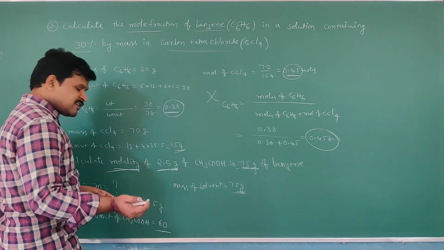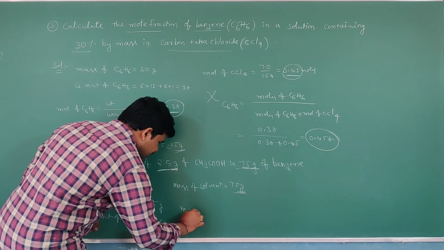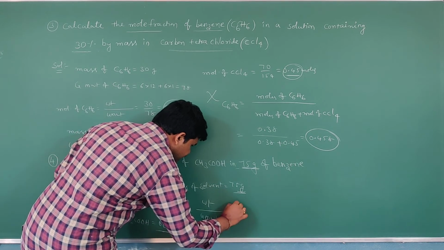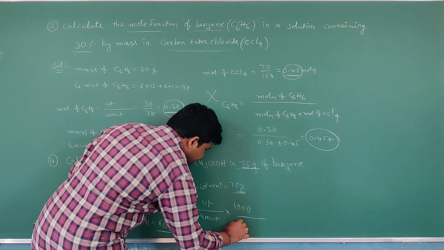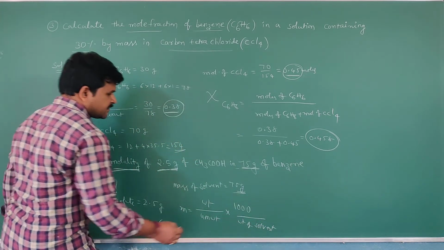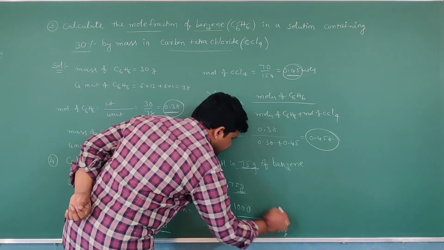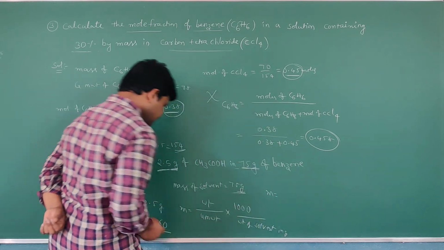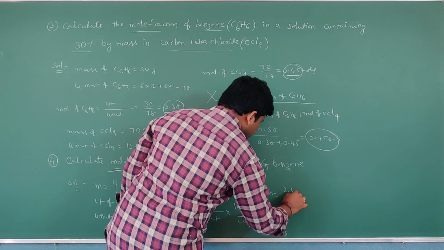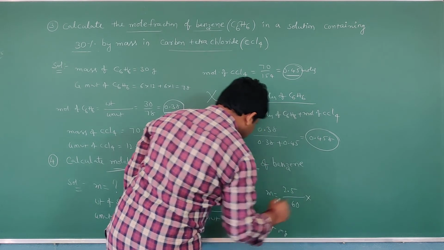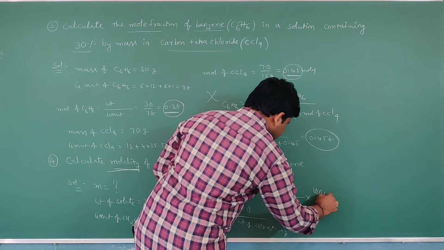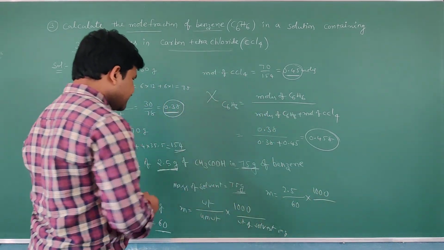What is the formula to calculate molality? Molality is equal to weight by gram molecular weight into 1000 by weight of solvent in grams. Now molality is equal to, what is the weight? 2.5 divided by 60 into 1000, divided by, what is the weight of solvent?